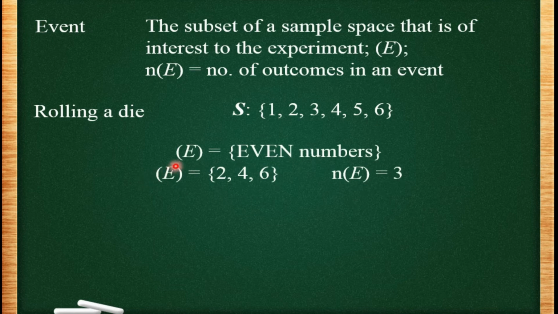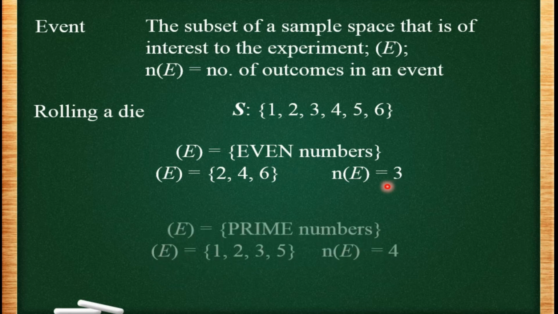In this example, the event is the occurrence of even numbers, such that the possible outcomes for that event would include 2, 4, 6. These are the even numbers from that sample space. Therefore, our N of E is equal to 3.